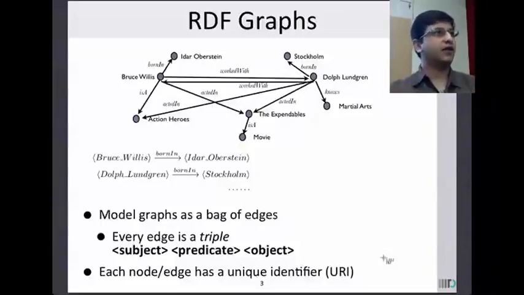And edges are always directed in the RDF setting. And again, in the semantic web definition, when you look at RDF graphs, every node and edge has a unique identifier in the form of a URI, but it's only a minor detail which is not really important for looking at RDF data as a graph, right? It just gives you some way of identifying the nodes and edges.